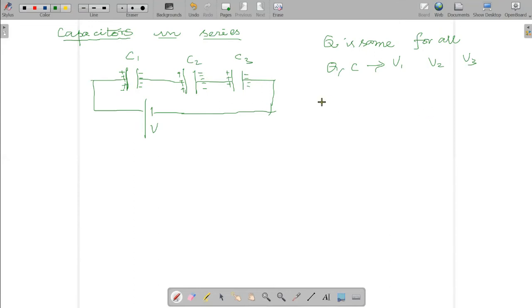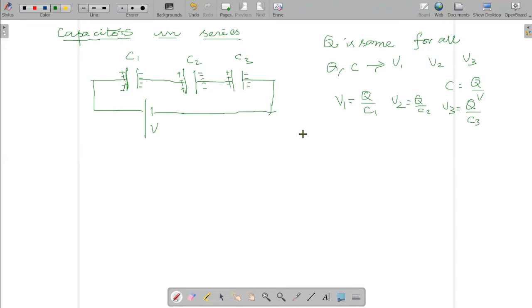Now, what is the potential developed formula? We know C equals Q by V. So V1 will be equal to Q by C1, V2 will be equal to Q by C2, and V3 will be equal to Q by C3.